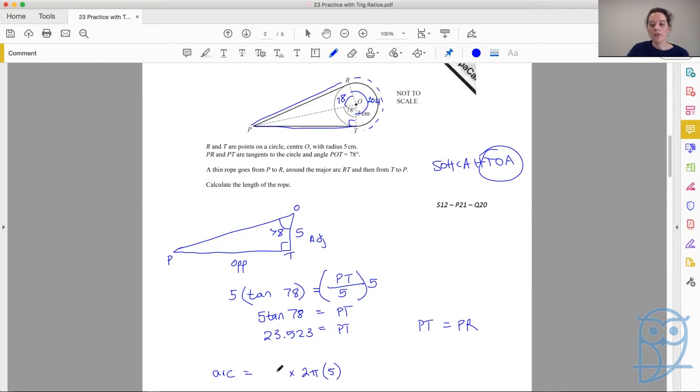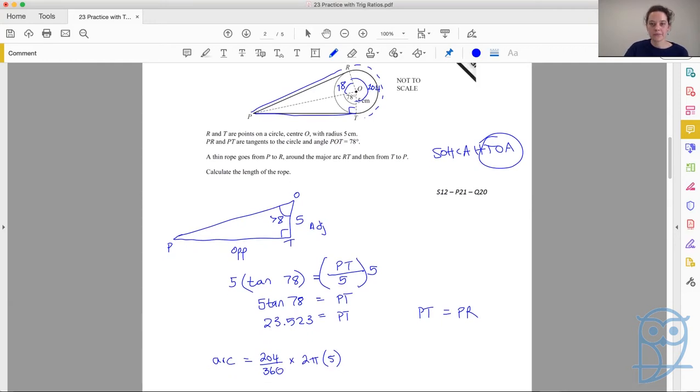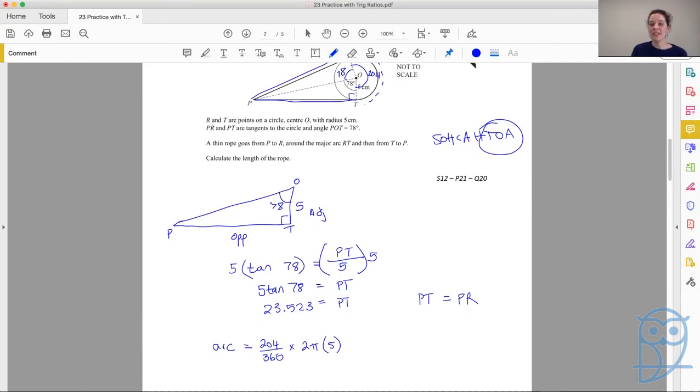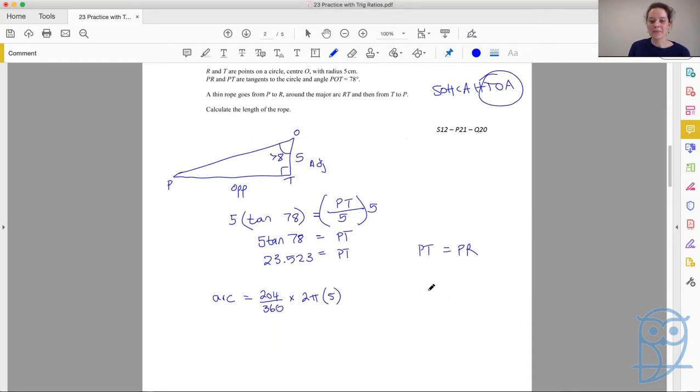Okay, so the arc is a piece 204 over 360. So if you haven't already gotten comfortable with circle geometry, get there, or it's coming. Okay, that's just another piece that we need in this question.